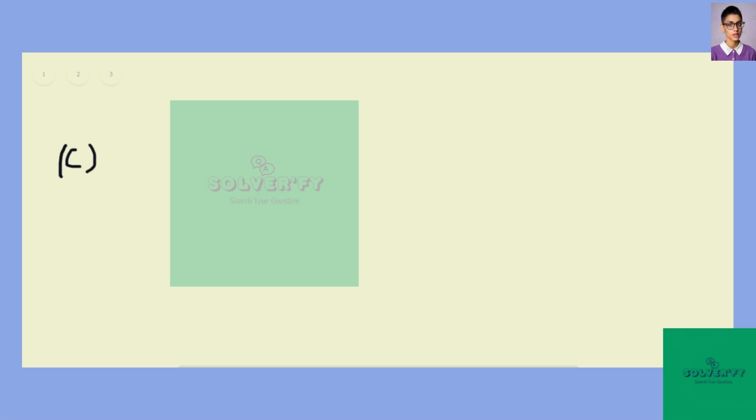Now for part C, where we're asked to find the height of the image, we can use the fact that the magnification here is equal to the height of the image divided by the height of the object, which is equal to negative distance to the image divided by distance to the object.